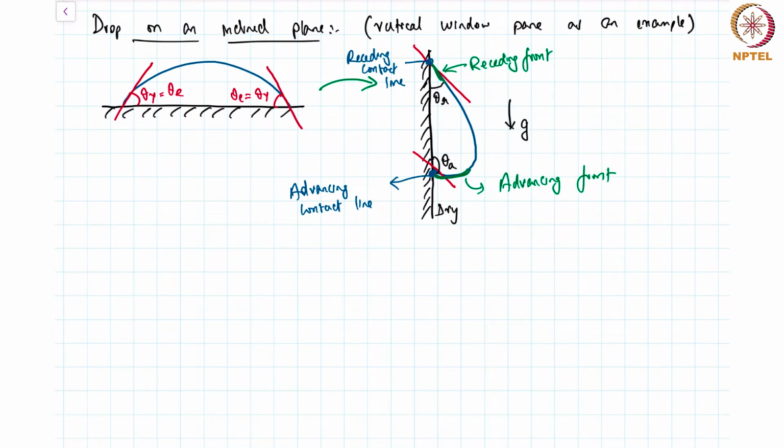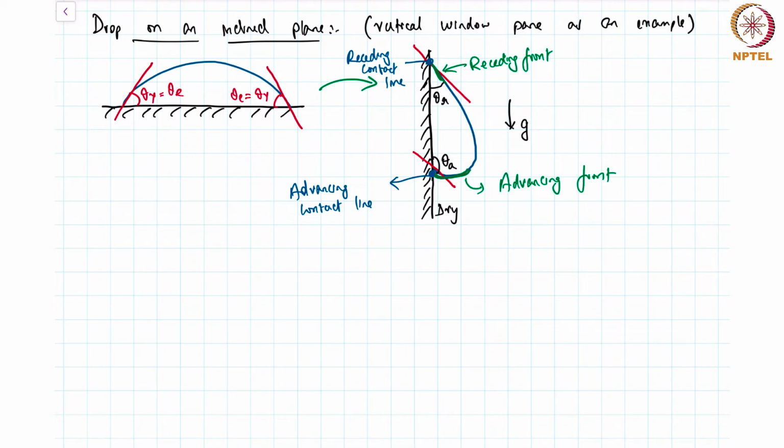But hold on, somebody may say, we are saying that the droplet is not moving, so why are we saying that this is advancing and receding? The answer is that if you want to go from this horizontal case to the vertical plate case, there are several ways to look at it. If you go from horizontal to vertical, there is a much higher chance that the lower portion of the droplet, which I've called the advancing contact line, will tend to move down.